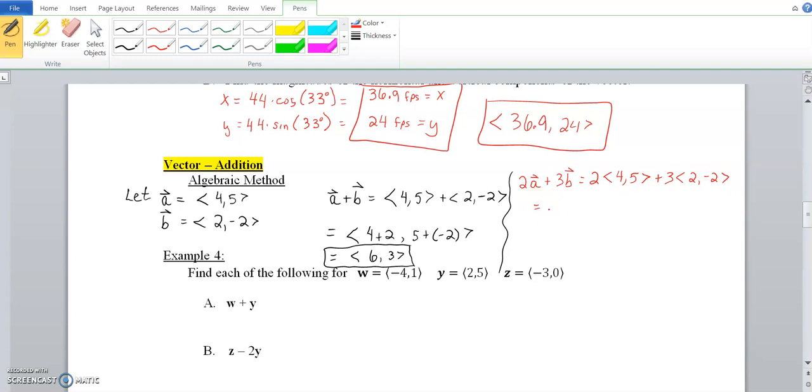As you simplify that, you just distribute the 2 to get <8, 10>. You just double both of your components, plus <6, -6>.